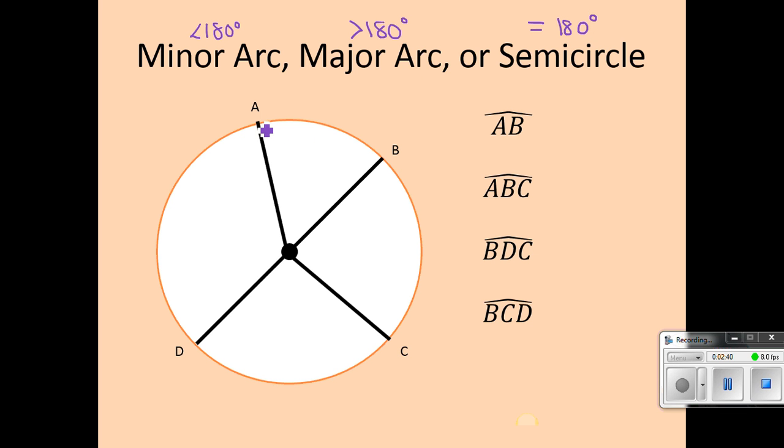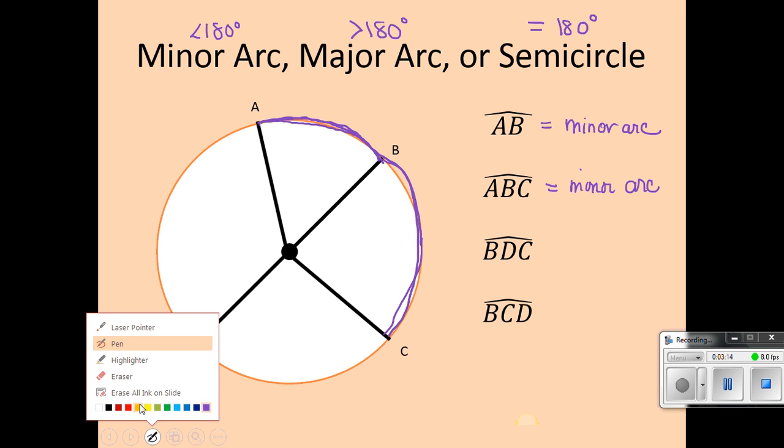So if I look at arc AB, the measure of arc AB in degrees would be less than 180, therefore we would call it a minor arc. If I look at arc AB and then go to C, that would also be a minor arc because that would be less than 180 degrees.